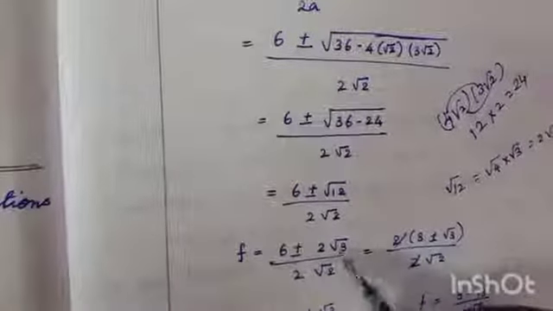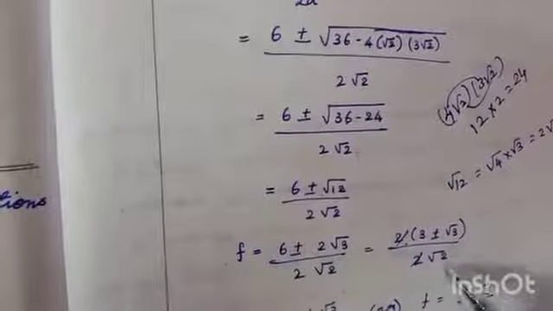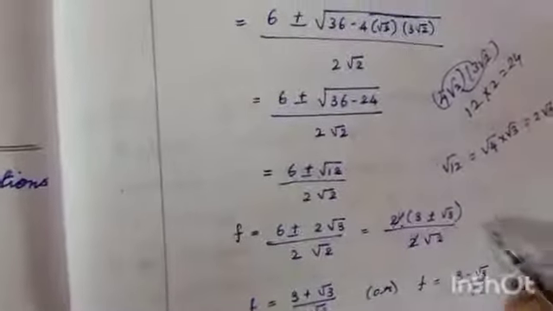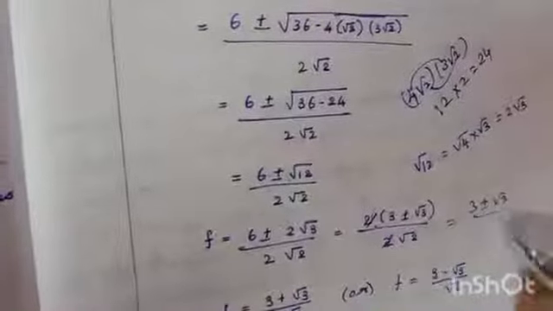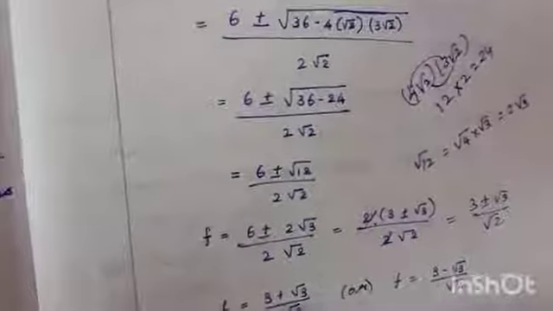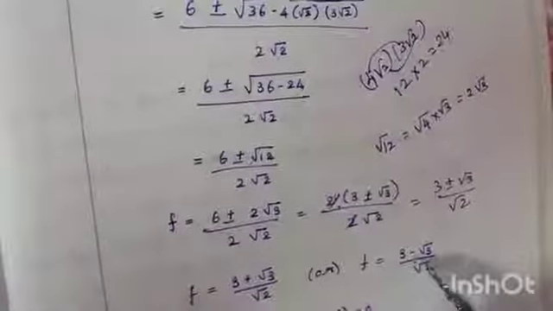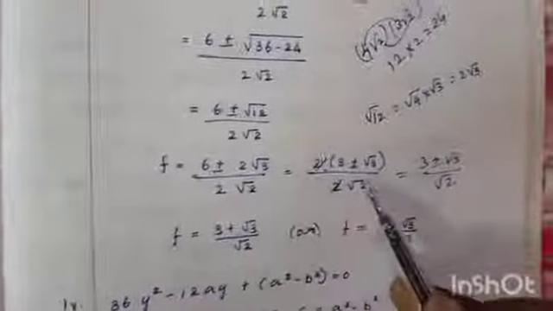In these two, 2 is common, take it outside. So 3 plus or minus root 3, by root 2. 2 cancels. After cancelling we have 3 plus or minus root 3 by root 2. So f value is 3 plus root 3 by root 2, or f equal to 3 minus root 3 by root 2. Okay, have you understood this?